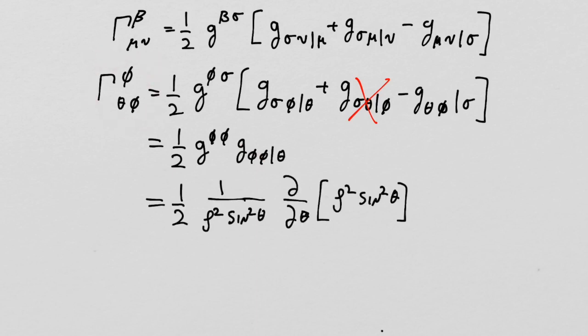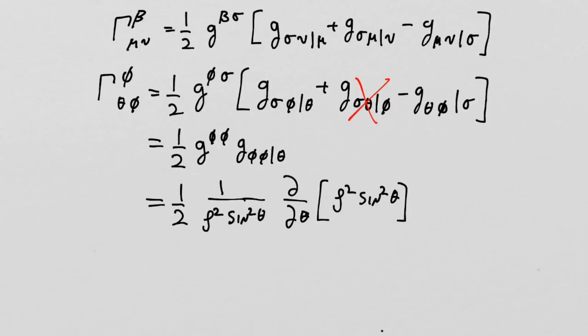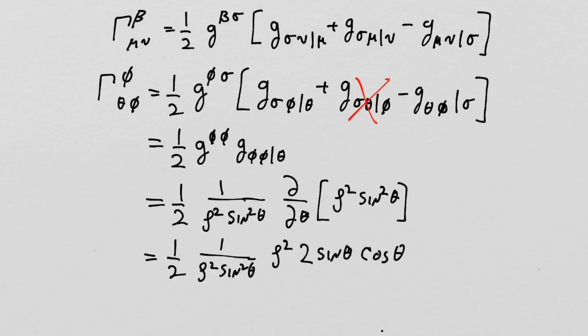Then we just make our substitutions from this formula right here, right? That formula right there, exploiting the fact that the inverse of a diagonal metric is just the reciprocal. It throws the metric component into the denominator. And now we just have to take the derivative with respect to theta of this, which is quite simple. That's clearly just a little chain rule exercise.